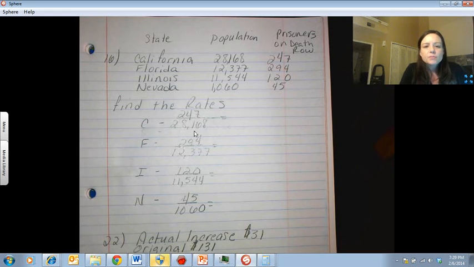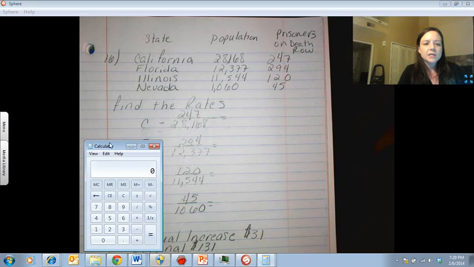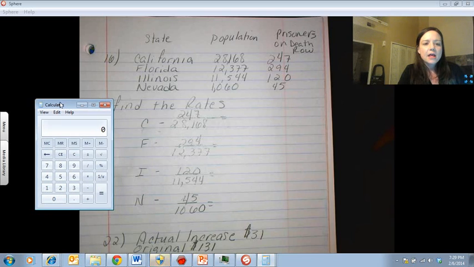If you put them all into these ratios, where California has 247 over 28,168, if I pull up a calculator, again, I'm not sure if you can see this or not, but 247 divided by 28,168 equals 0.0087.